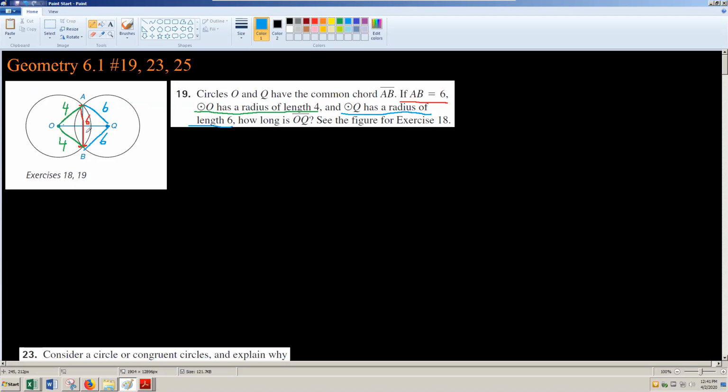So I'll probably draw a bigger picture of this below just so we can see what we're looking at. But we're trying to find the distance from O to Q. That's my goal. So as I look at this thing, it looks like I have a triangle which is created. Let's use orange for OQ.